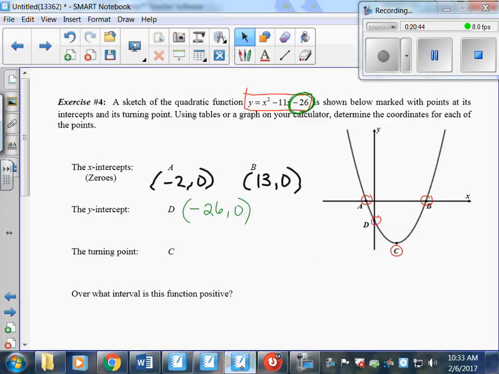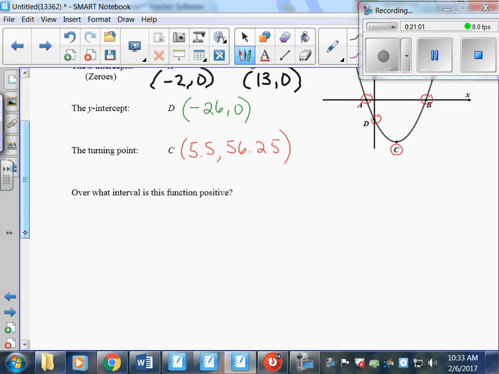Going back here, my vertex is 5.5 comma 56.25, or 56.3 as the calculator said. And it says, over what interval is this function positive? So what x values, that's what they're saying, right?